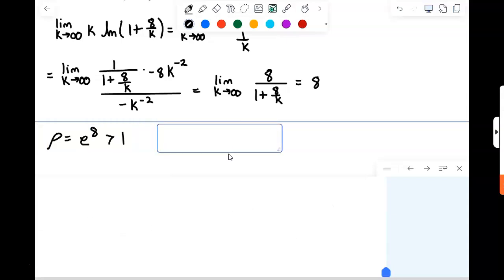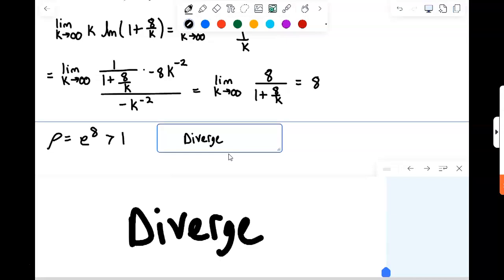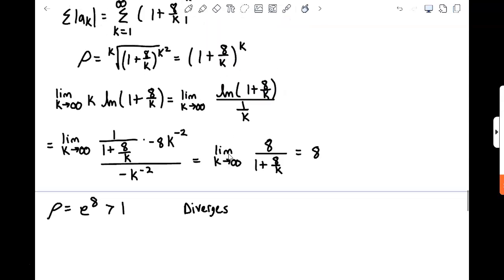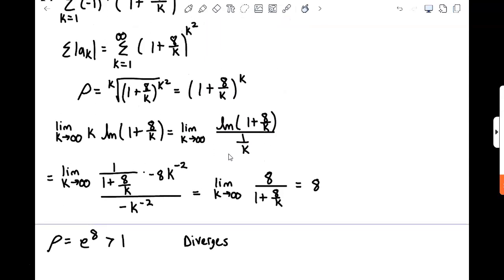So therefore, by the root test, this is going to diverge. So it does not converge absolutely, at least. It may still converge conditionally in the alternating series vein, but it will not converge absolutely.